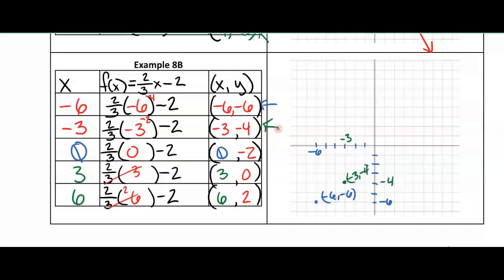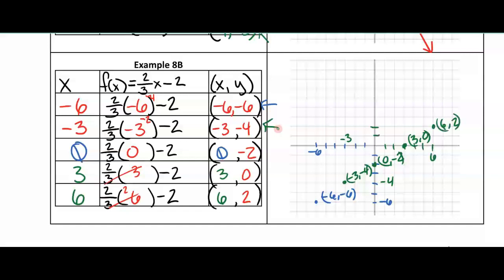Does that look good? Yeah. Okay. 0, -2 here. 3, 0 here. And 6, 2 right here. Yeah. Okay.